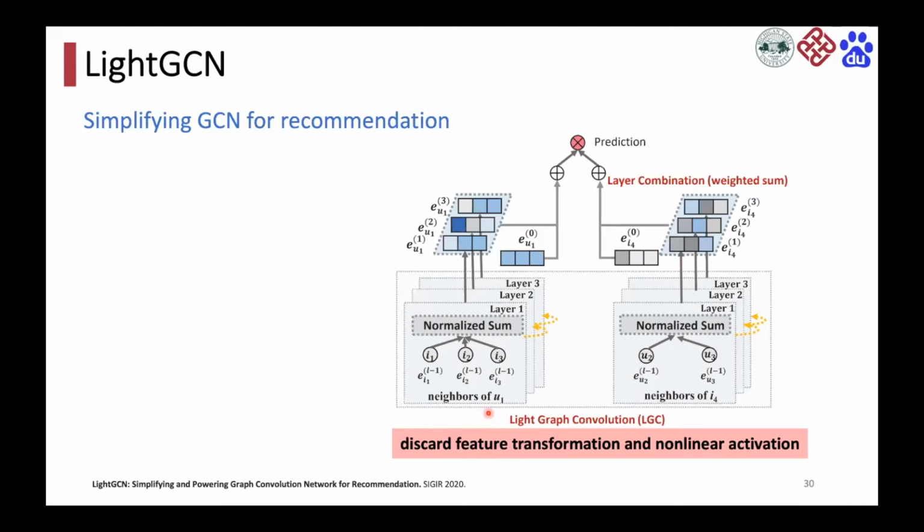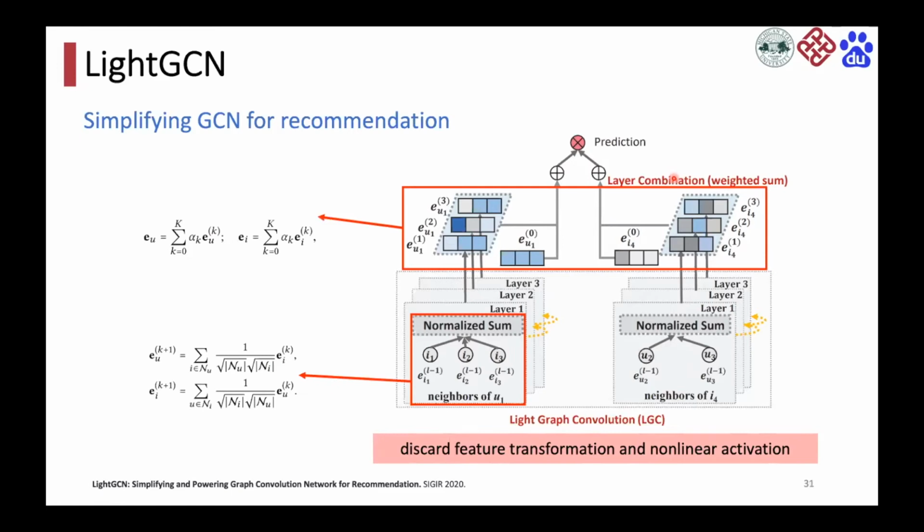They empirically found that the feature transformation and the nonlinear activation function may contribute little to the recommendation task. Therefore, they propose to simplify the design of the graph convolutional network, keeping only the linear graph convolution for recommendation.